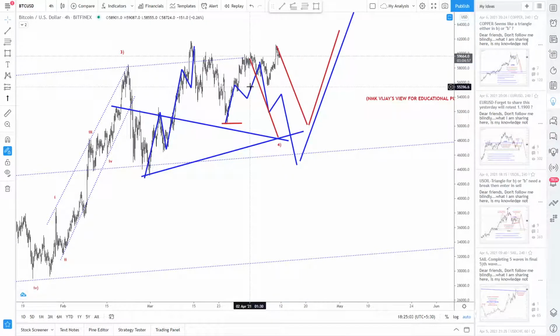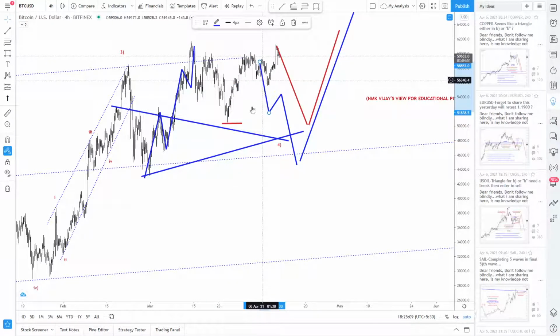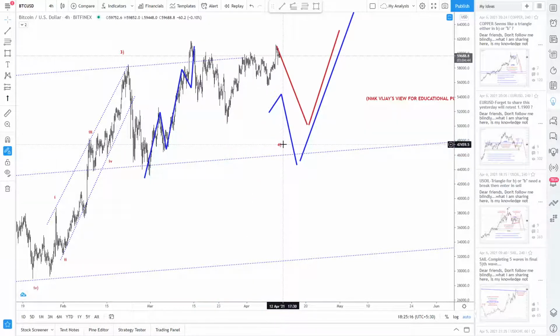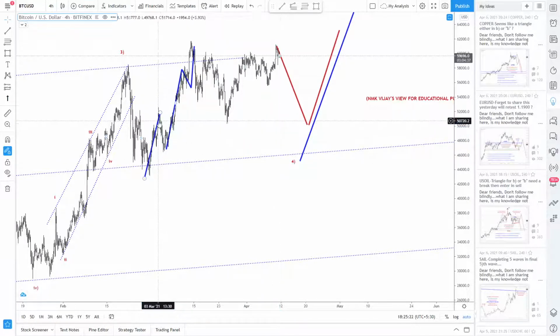One second, I will just clear this. So the first choice is the fourth wave is a triangle, right? It looks like a five-wave structure.